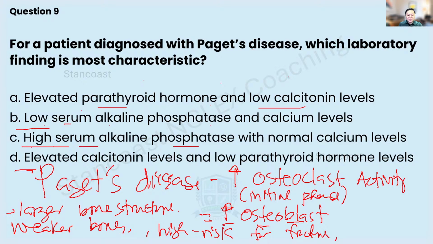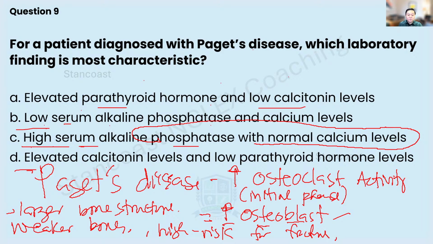Take note, guys, that the body has already compensated by allowing it to increase its osteoblast activity. So this is now going to allow the return of the calcium to be deposited back into the bone structure. Normal calcium levels. However, they're going to have high alkaline phosphatase.